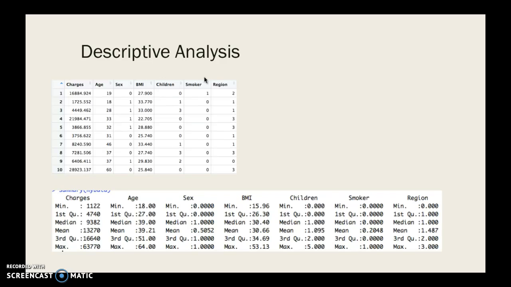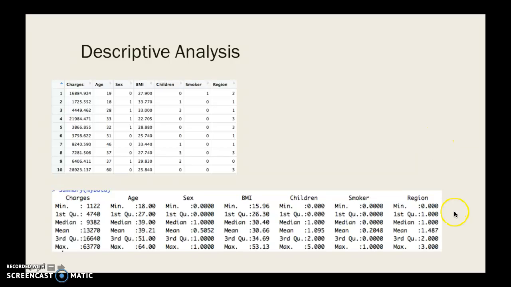The data is taken from America, so 0 is northeast, 1 southeast, 2 southwest, and 3 northwest. So they're the 6 predictor variables that we'll use, and we'll look to build a model using those to predict the charges, the cost of private health insurance.